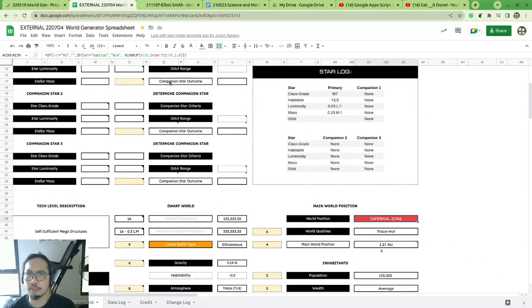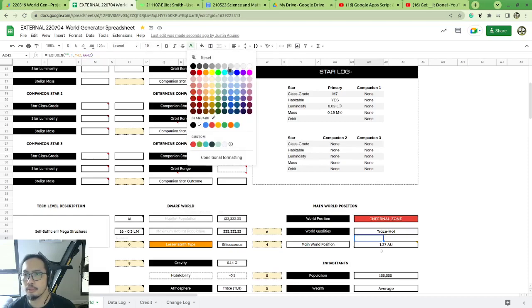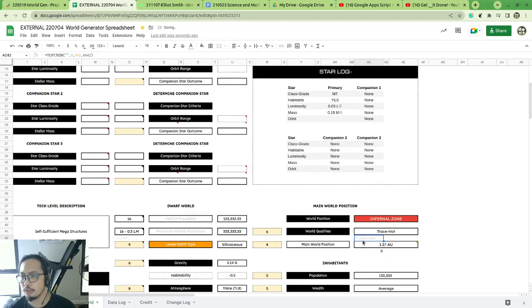So I have a position. Position is based off of... Oh, here's the position. Let's make that more visible. Trace. So trace determines the formula. That formula being this.